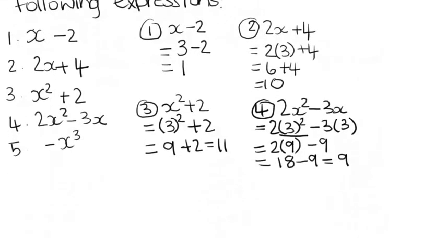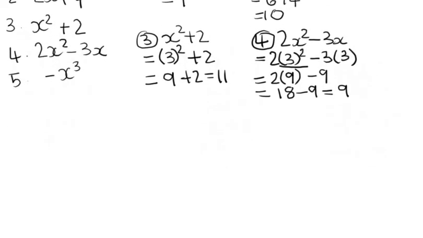Let's just go down a bit. So if we look at number 5, I have minus x to the power of 3. So just like we did before, I'm going to rewrite everything in the expression, only replacing the variable x with the value of 3. Okay, can you see it looks exactly the same? It's just where x is, I have 3.